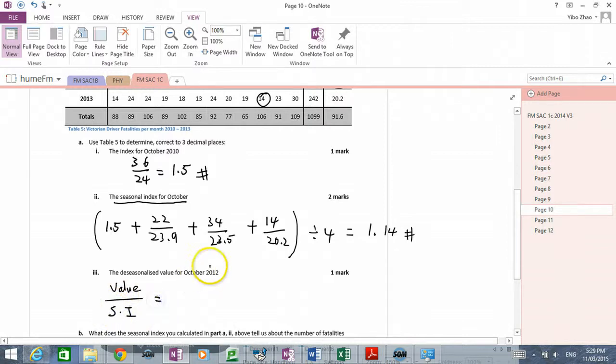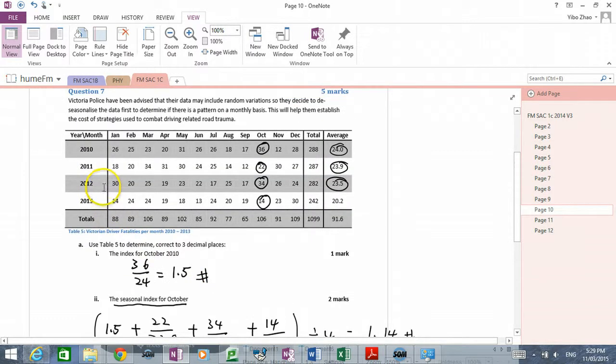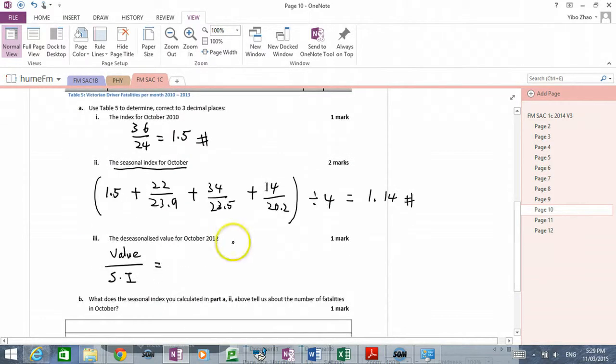For October 2012, the value is 34. So I'm going to have 34 divided by 1.14, which is the deseasonalized value, which is going to be 30 fatalities. Be careful with this, 30 fatalities.